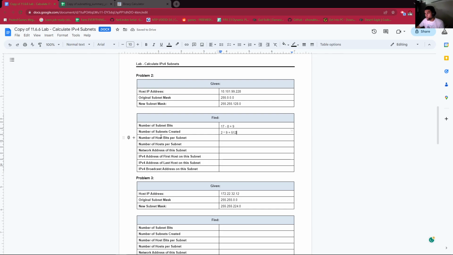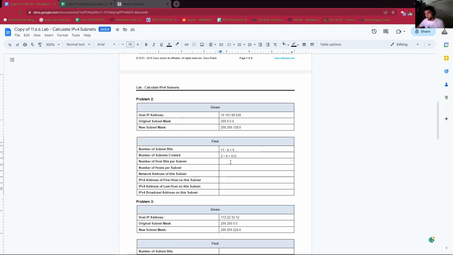For the number of host bits per subnet, it is 32 minus the prefix of the new subnet mask, which is 17. So 32 minus 17 is 15.